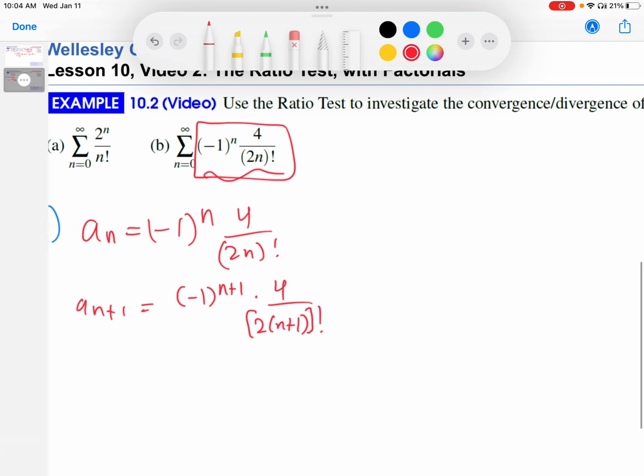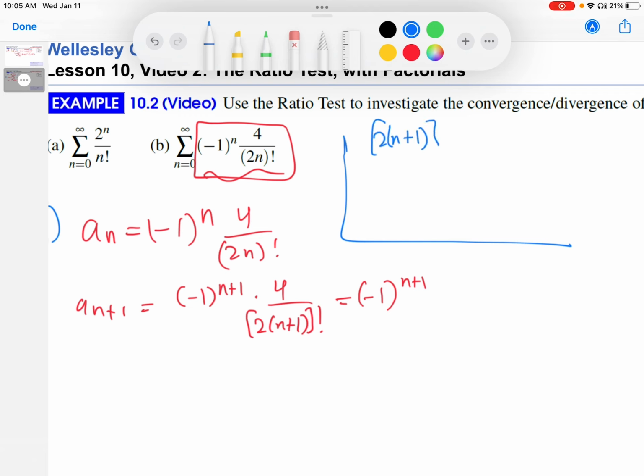Okay. And then I'm going to form the ratio of successive terms in a minute. But let me try to simplify what's here. So we'll do a little side calculation up here. 2 times n plus 1 factorial, right? So first of all, it's 2n plus 2, right? So I distributed the 2 factorial. And I'll put parentheses here. And then this is 2n plus 2. Remember how factorials work.